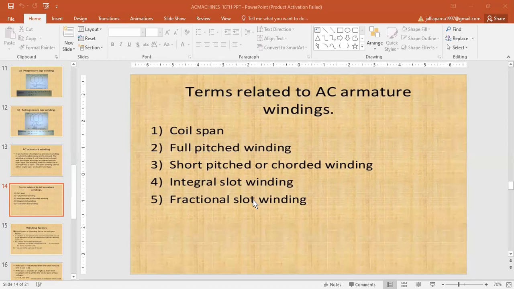Single layer and double layer, full pitched and short pitched coils. When the two coil sides of a coil are 180 degrees electrical apart, the coil is termed a full pitched coil. In other words, if the coil pitch is one pole pitch, it is called a full pitch coil.